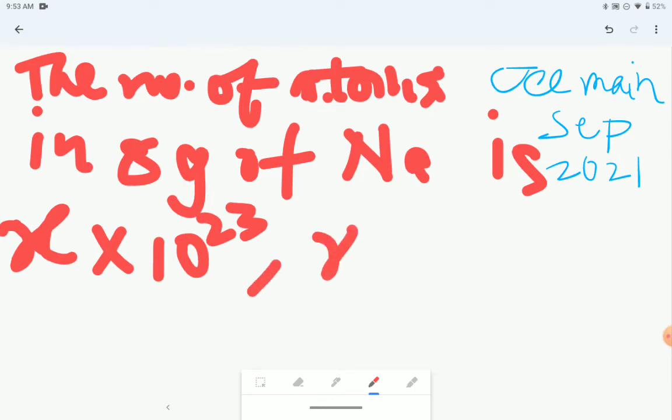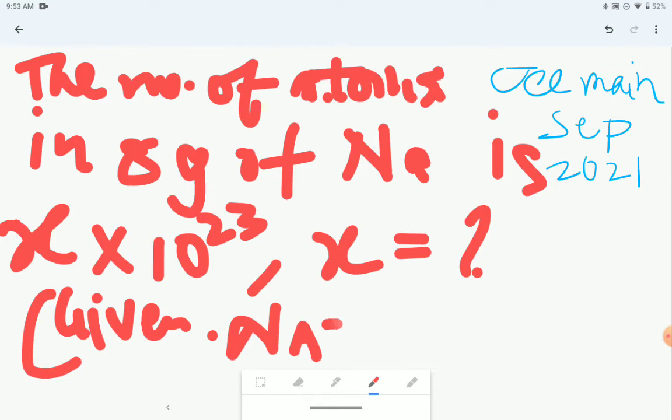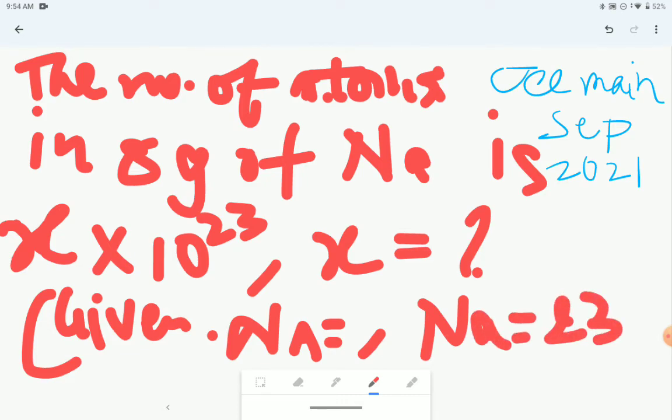Now the value of x is? This is the question given in JEE in September 2021. Also the Avogadro number was given, and the atomic mass of sodium was given as 23 units. These were given in the bracket.